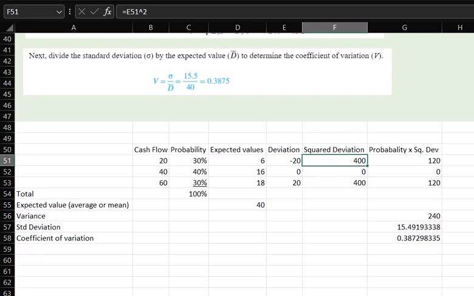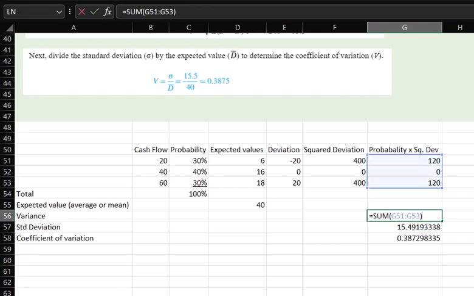Okay, so now that we have the squared deviation, then what we just have to do is multiply the probabilities times the squared deviation. So we do that here, copy it down. You'll see I'm doing the same thing in all of these cells. And when we sum that, this is just the sum, that's now the variance.